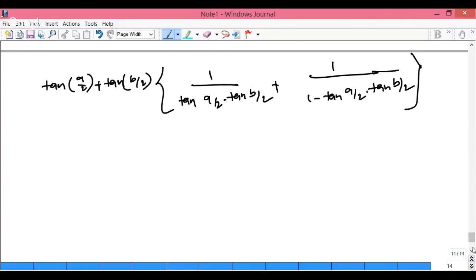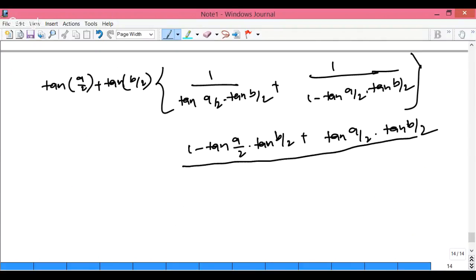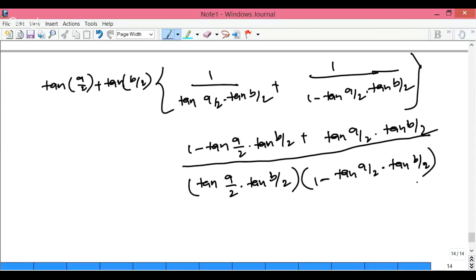Now take the LCM again: 1 minus tan A by 2 into tan B by 2 plus tan A by 2 into tan B by 2, divided by tan A by 2 into tan B by 2 into 1 minus tan A by 2 into tan B by 2.